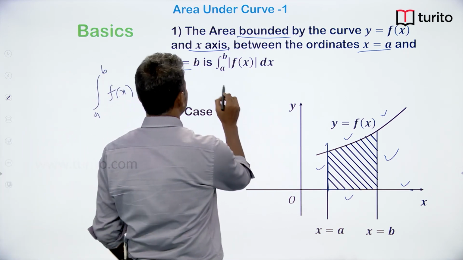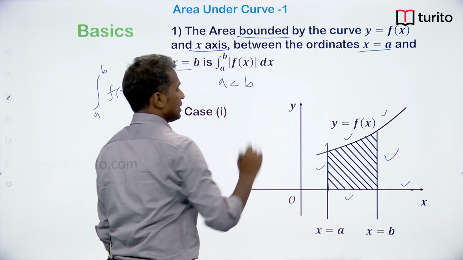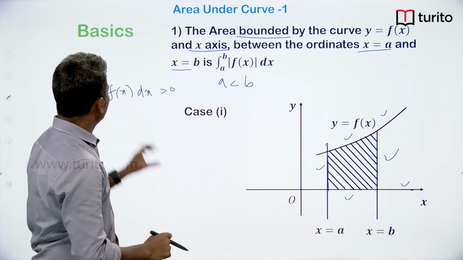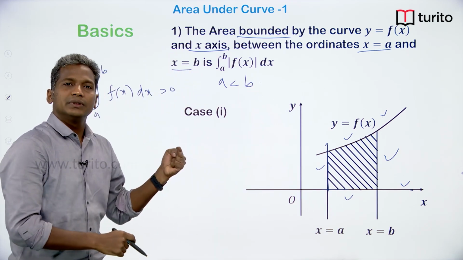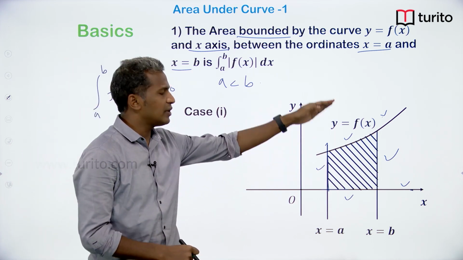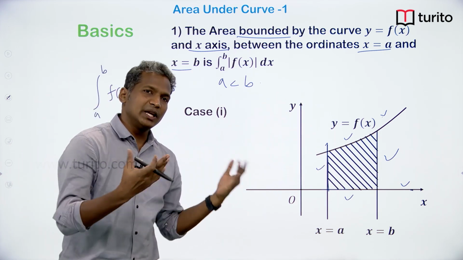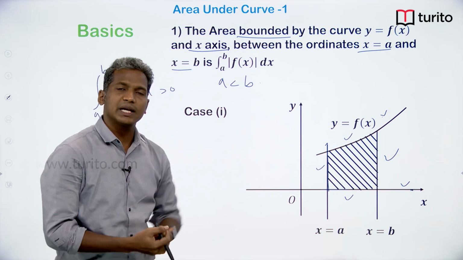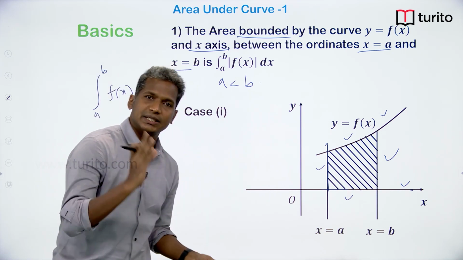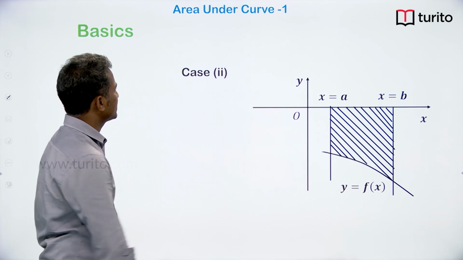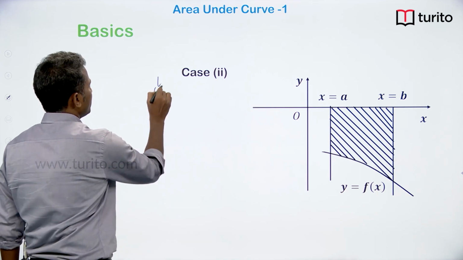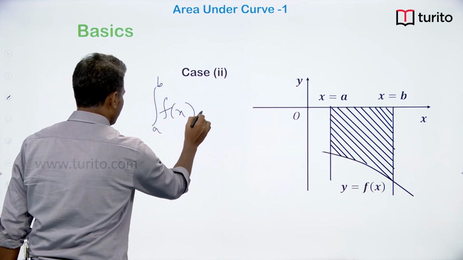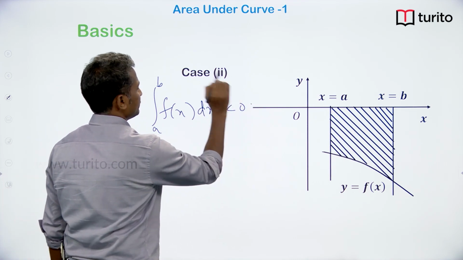That is also necessary here, that a is less than b. Okay. So this integral is positive if the function is lying above the x axis. Similarly, if the function is lying below the x axis, then the integral is negative. For example, in this case, the integral from a to b of f of x dx is negative.